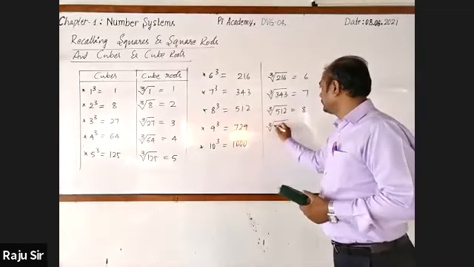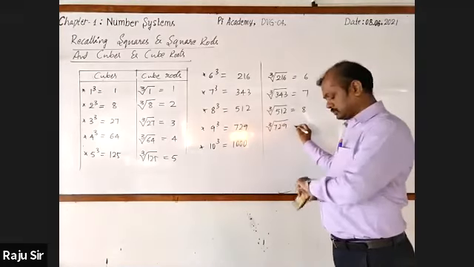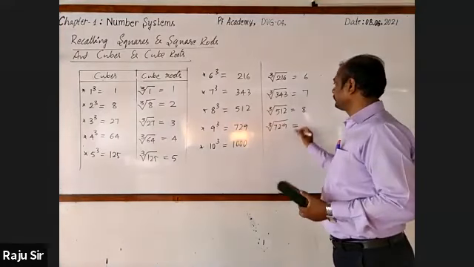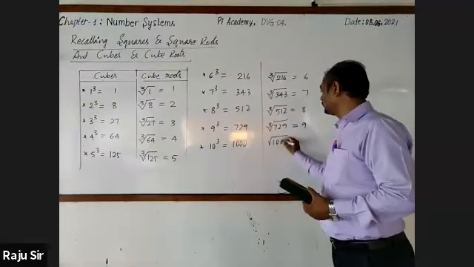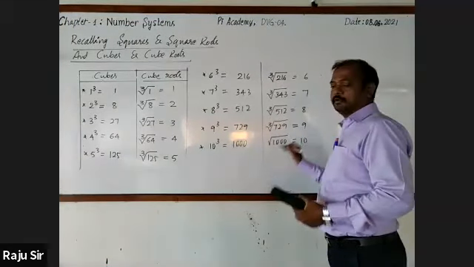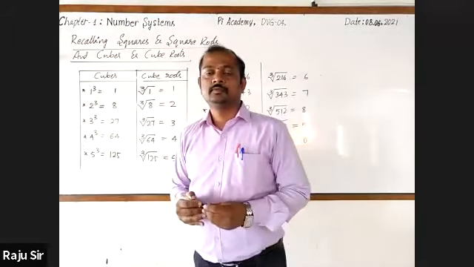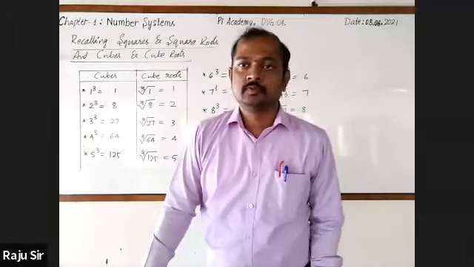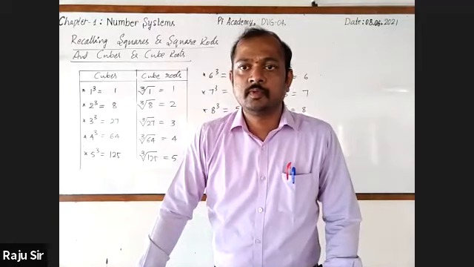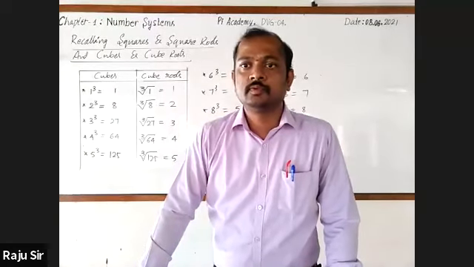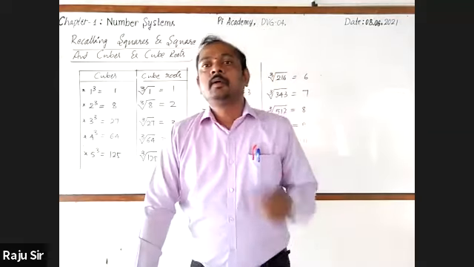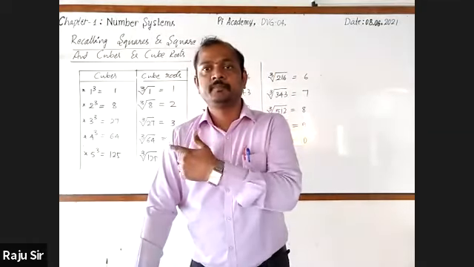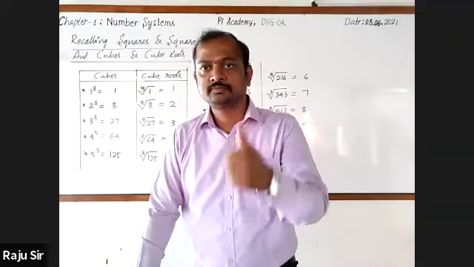Cube root of 729 is 9, and cube root of 1000 is 10. Listen, finished? Finished or not?